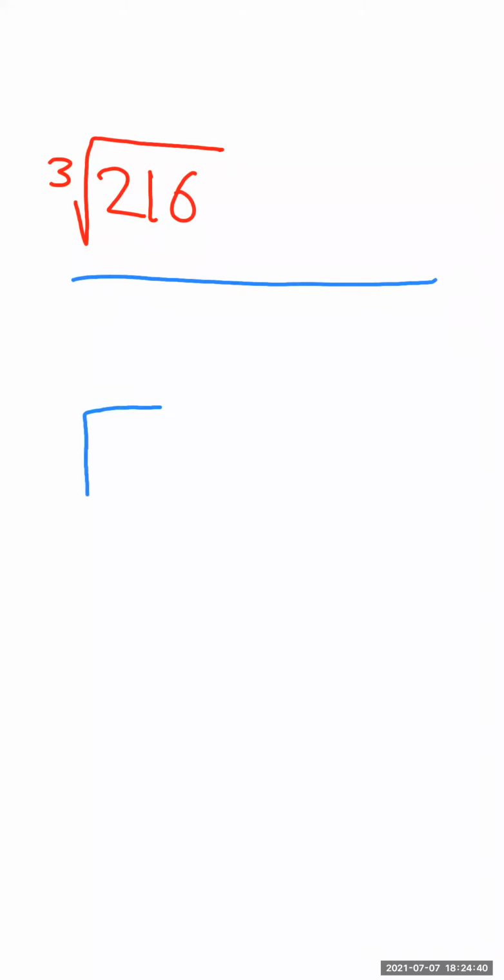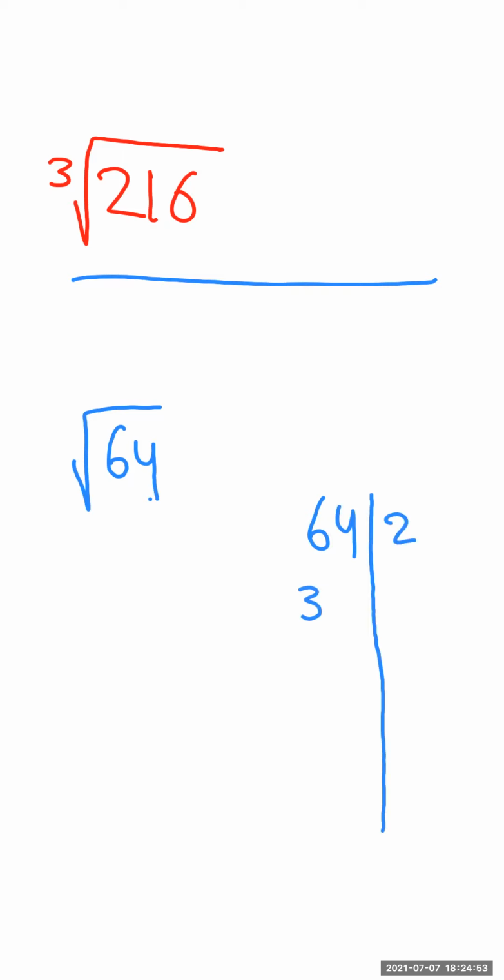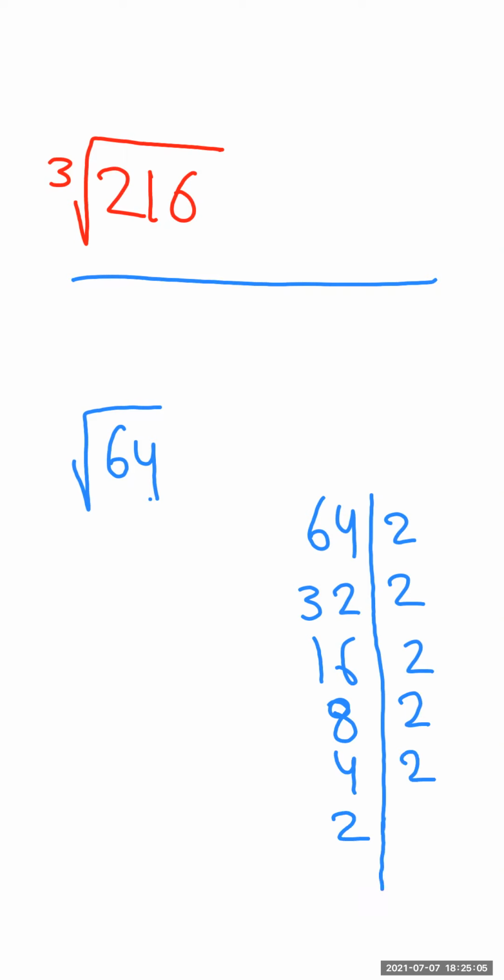If there is a square root of a number like 64, we said that simply we can factorize this number to its prime factors. Divided by 2, it will equal 32. Then divided by 2 again, it will equal 16. Then by 2, it will equal 8. Then one more time by 2, it will equal 4. By 2, and it will equal 2. Then divided again by 2, it will equal 1.